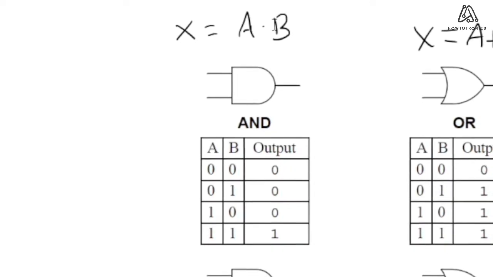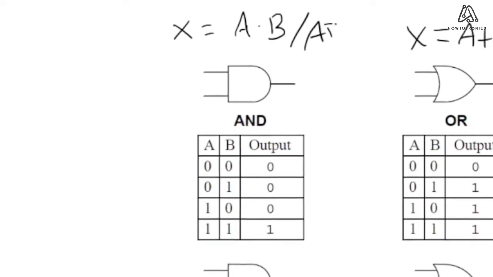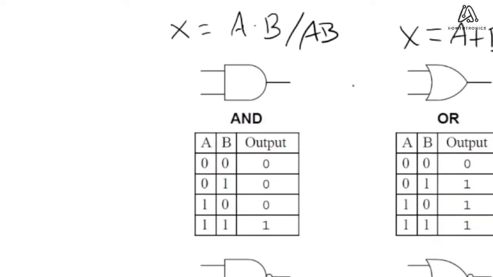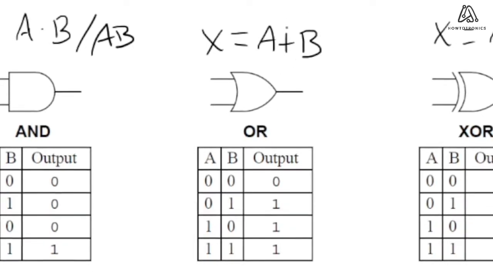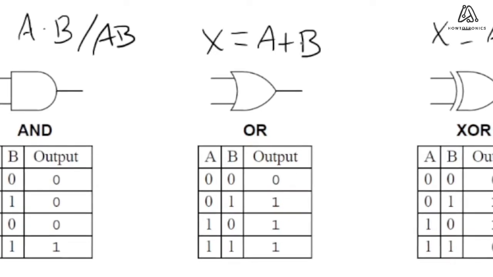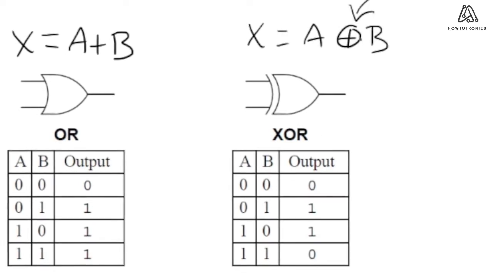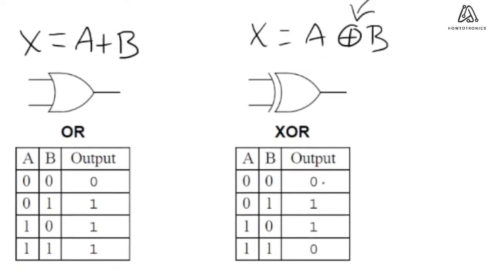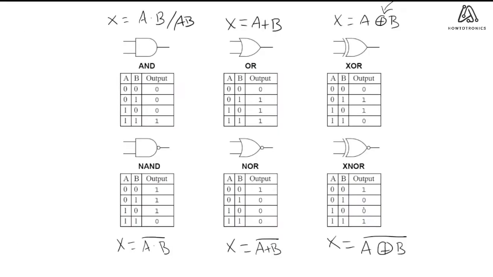Although in many cases this dot may be omitted, so you may just see it like that instead, so do not get confused by that. The plus indicates OR gates, so this is how you identify that an OR gate is being used. And this symbol here, the circle with the plus in it, means the exclusive OR, and we also have the exclusive NOR here. I'll explain what this NOR, NAND, and so on are.